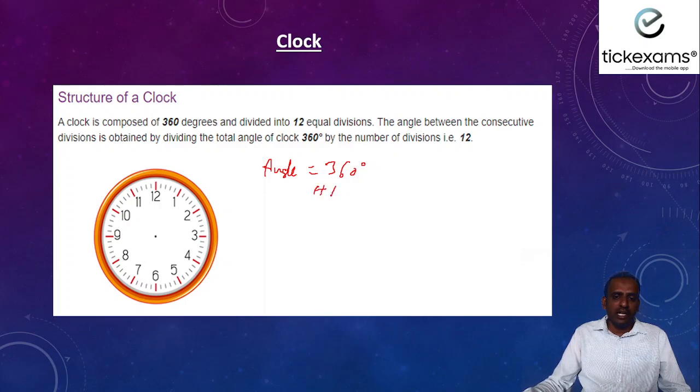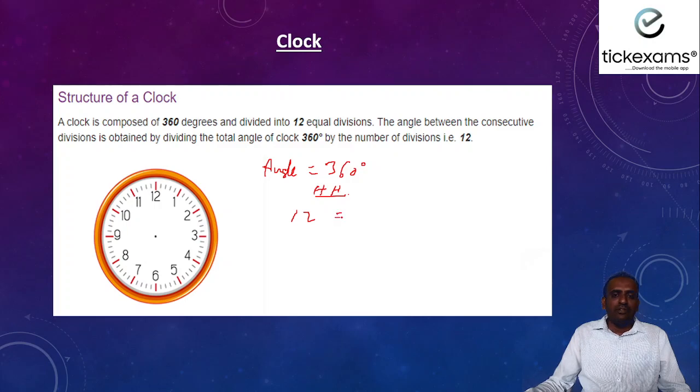I'll say hour hand, HH, I'll write. So in the complete clock, you can see the numbers start from 12, 1, 2, 3, 4, 5, 6, 7, 8, 9, 10, 11, again 12. Which means in the hour hand, we have a total of 12 divisions, that is 12 hours.